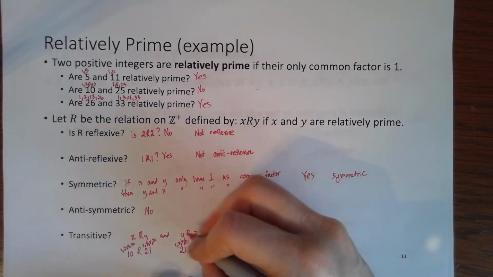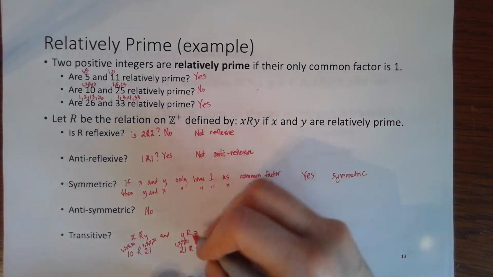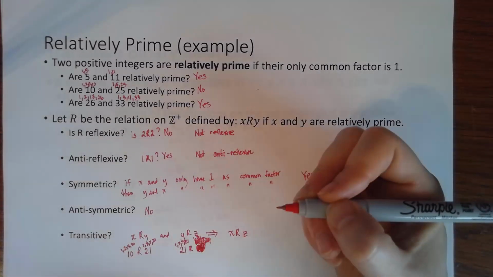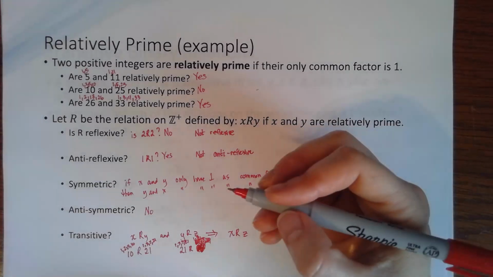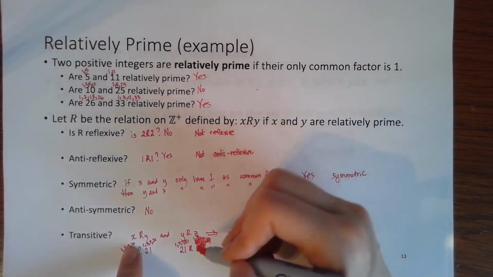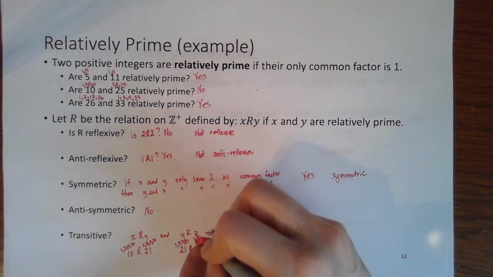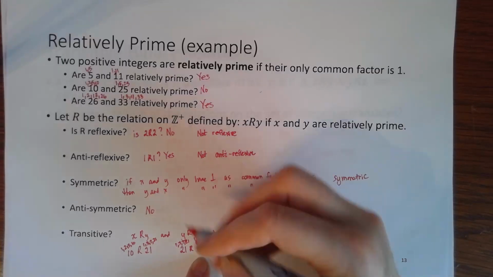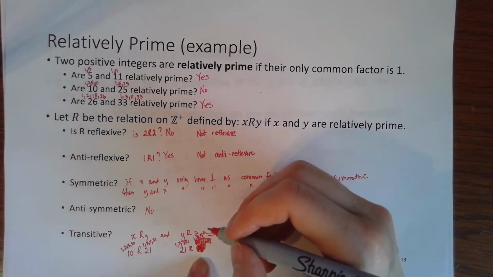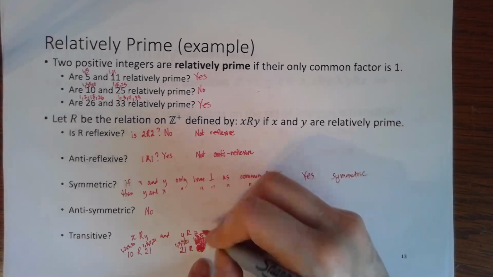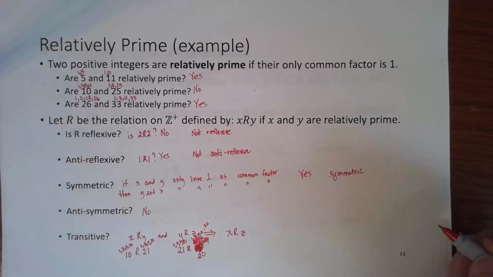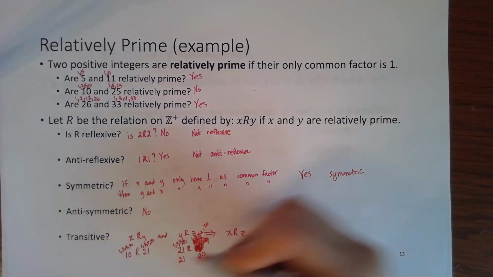It could have a 5. Maybe we can make it 5 and another 2. So maybe that would be 20. 20 and 21. We finally got it.